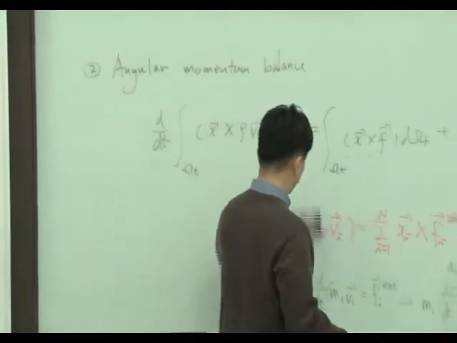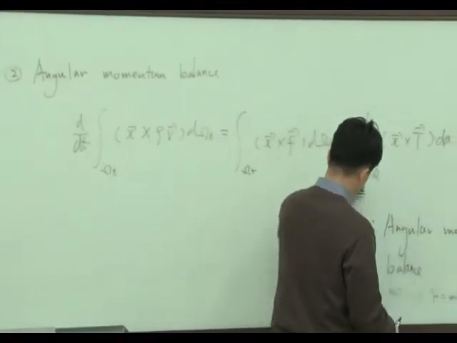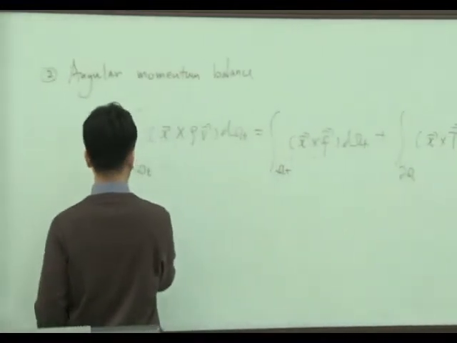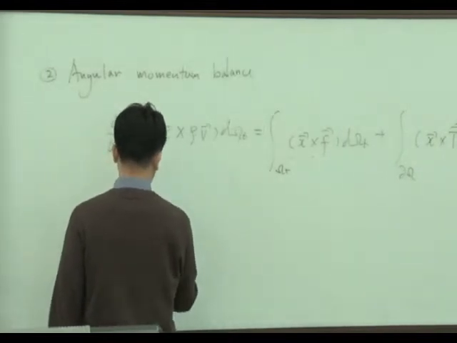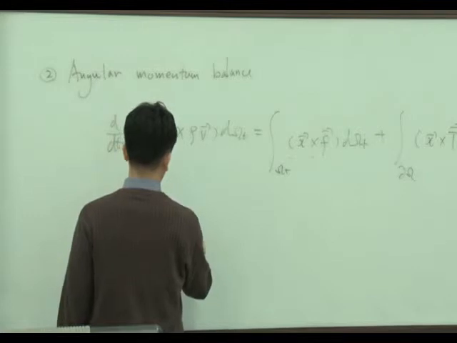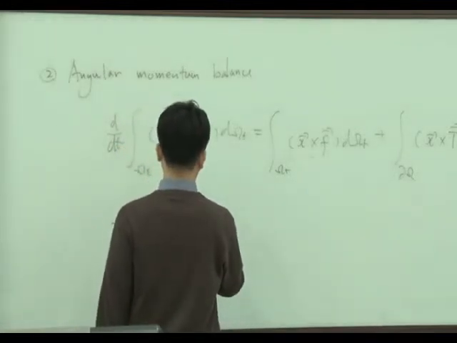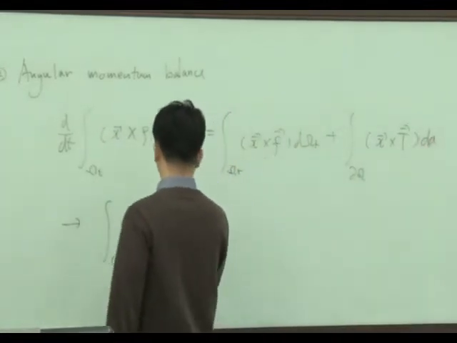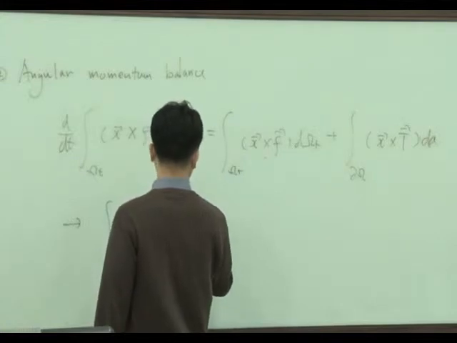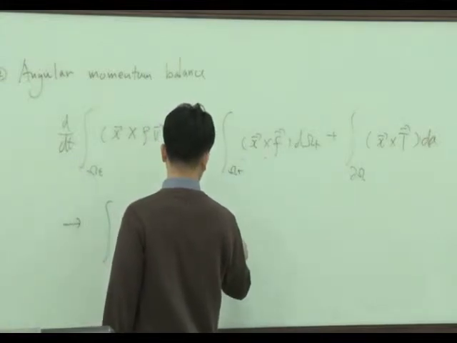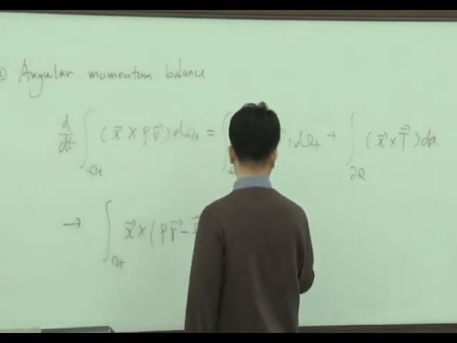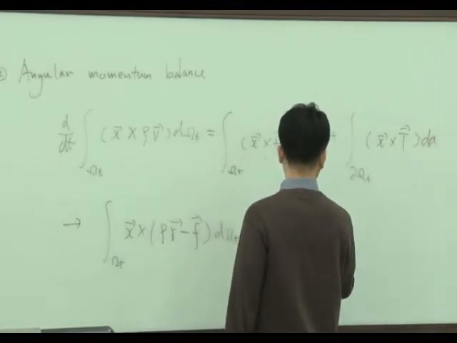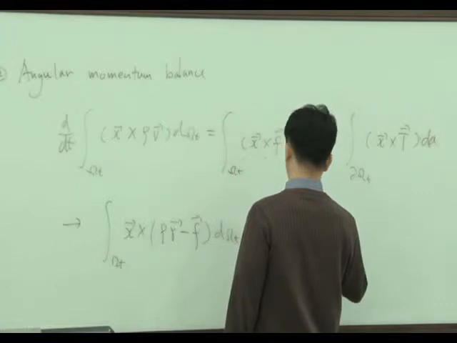The integral over omega t of x cross rho gamma minus F d omega t equals the integral over the boundary of omega t of x cross t dA.